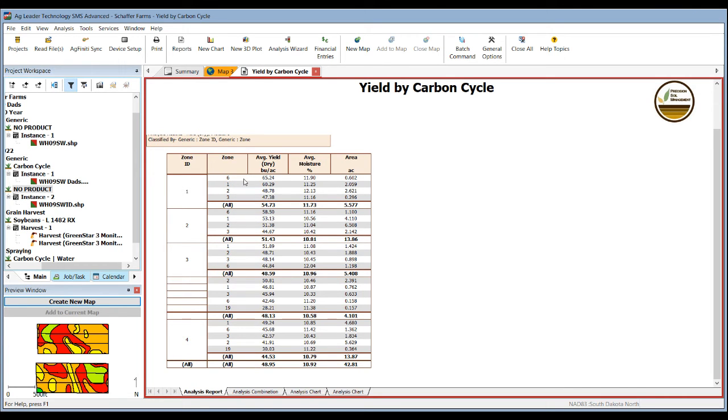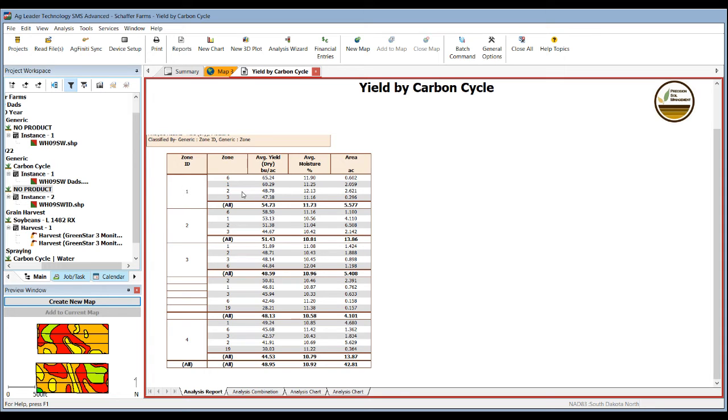The zone 6 in the Carbon Cycle was 65.2. In the non-Carbon Cycle was 58.5. The zone 1 in the Carbon Cycle was 60.3. In the non-Carbon Cycle was 53.1.